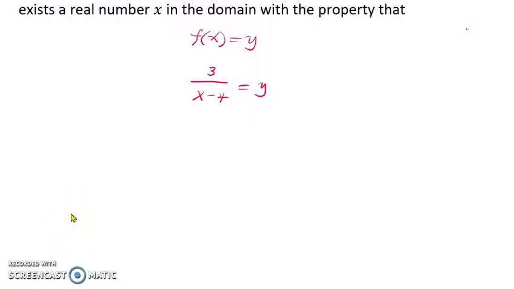Okay, so to solve for x, we multiply both sides by the denominator, which is x minus 4. After which this can be cancelled.